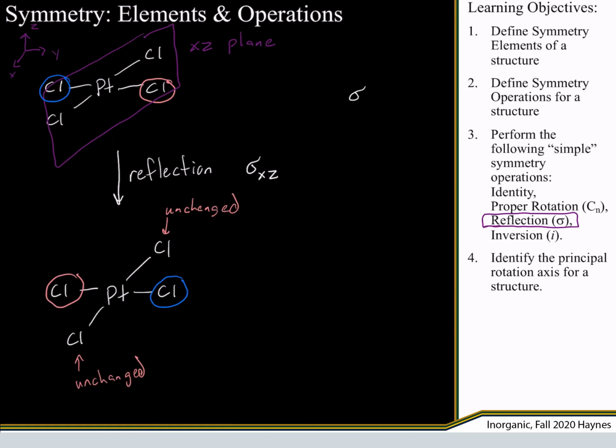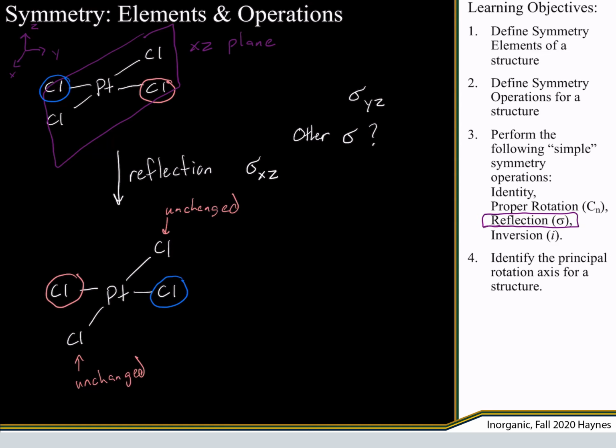There's also a reflection in the YZ plane, and there's even a reflection that dissects the X and Y planes as well. So how many other reflections can you find? We're going to talk about visualizing these in a little bit. I just want to build up some of these fundamentals so we can continue practicing with them.